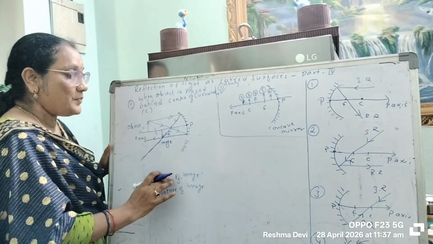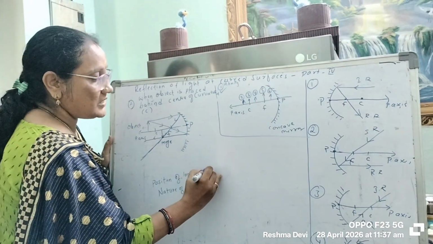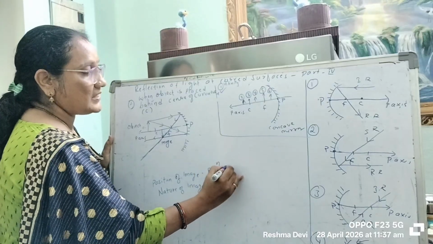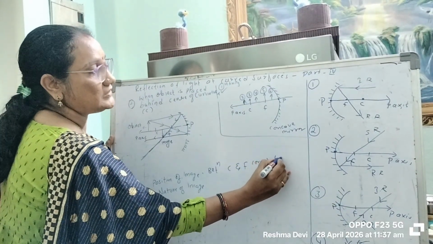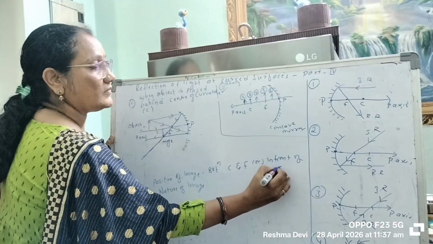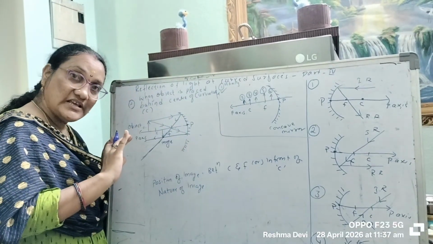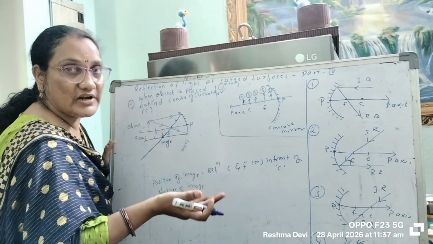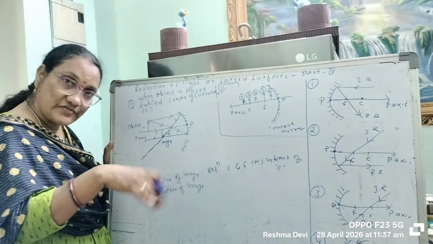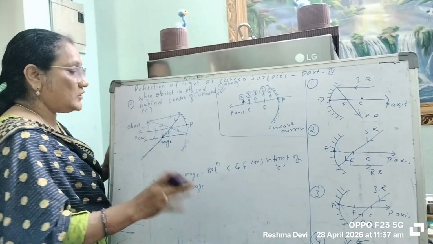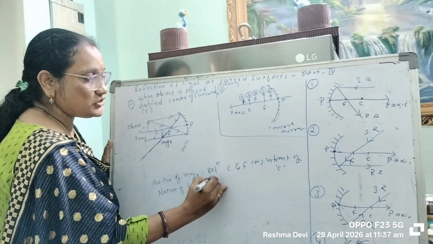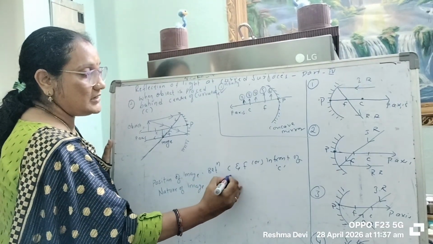So now, position of image between C and F. Or we can say in front of C. When object is beyond C, image is in front of C. The image of object forms in front of C, for easy remembering. Okay. Now next, nature: as usual, real.